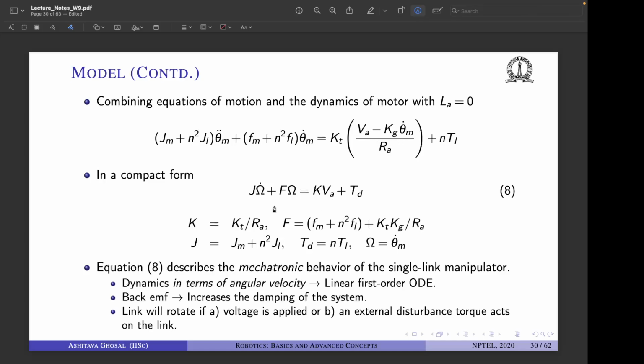So finally the equation comes out in this form, that is the inertial term and the friction term are equal to this constant times this voltage, and Td is basically the torque disturbance that the output link experiences. If the torque disturbance is 0, we can remove this term as well.